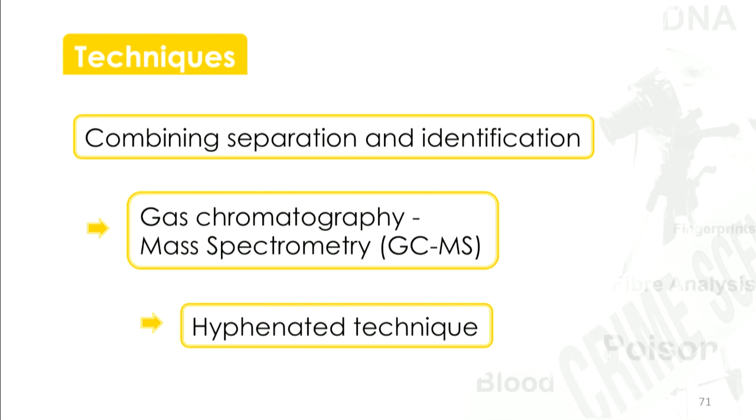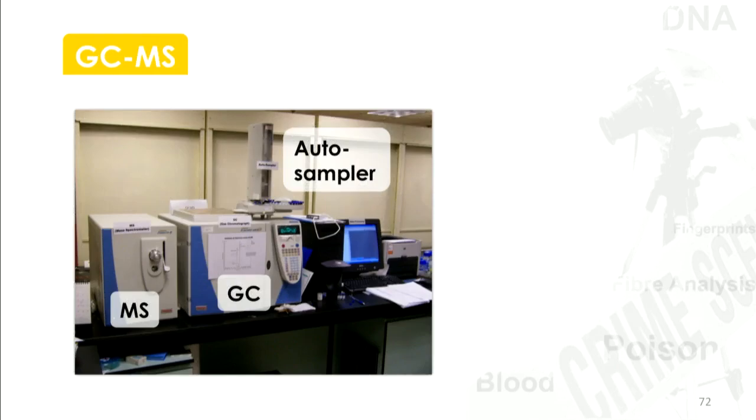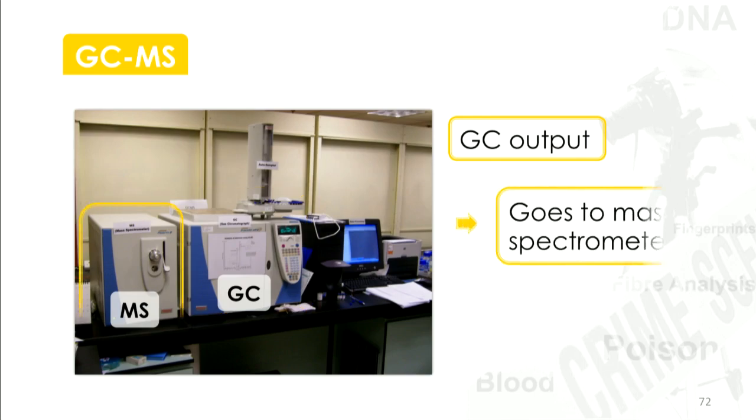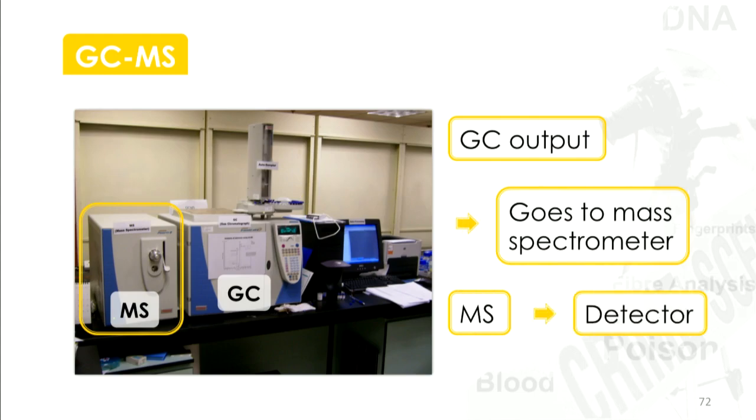So you can see here an example of a GCMS. The way it works is that the output from the GC, the end of the column where the components come out, feeds directly into the mass spectrometer. So the mass spectrometer acts as the detector for the different components.